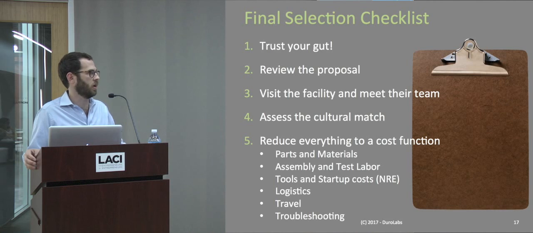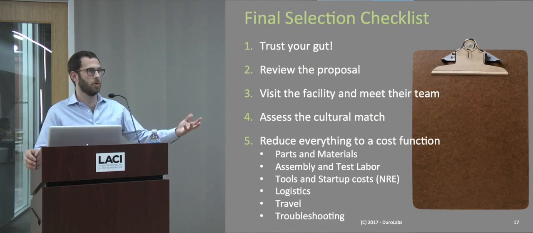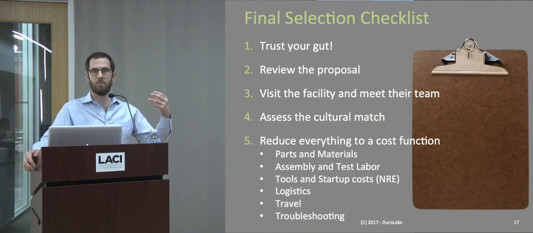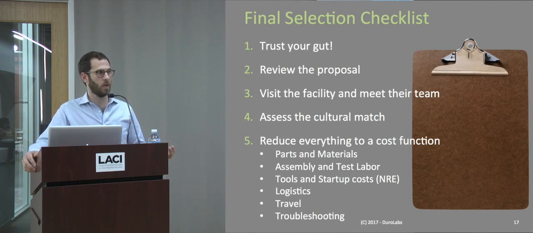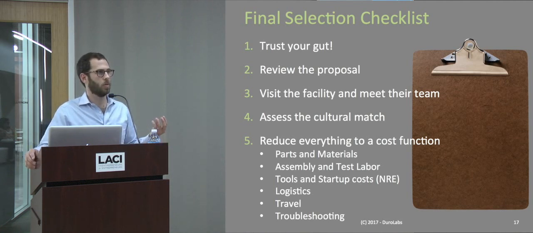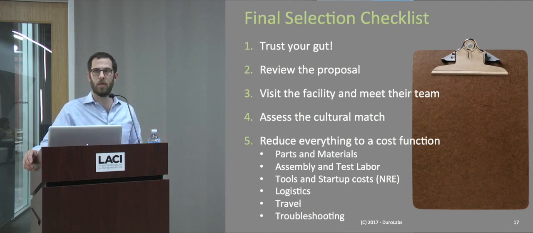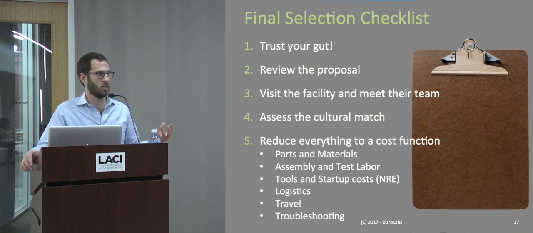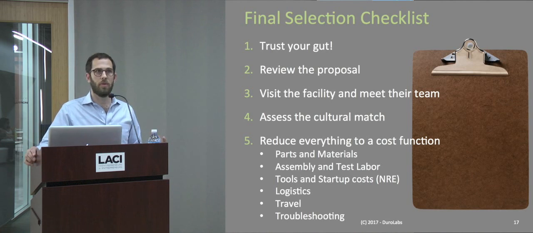If the contract manufacturer has to build a mold for your injection molded part, or they have to buy a tool or special equipment and they charge that to you, don't ignore those costs, right? If they quote you and say the parts, assembly, and labor will cost $10 per unit, but you have to invest $100,000 in this piece of equipment to do so, don't ignore that cost.